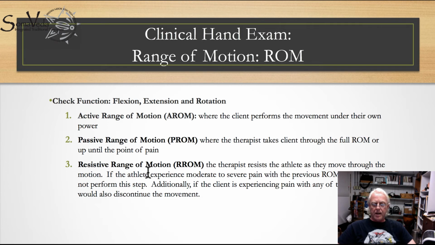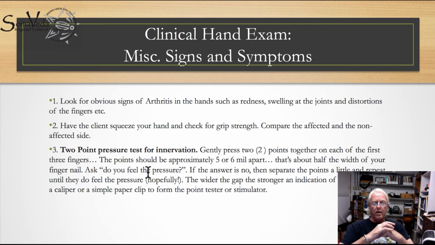And if you get moderate to severe pain with the previous exercises, you might want to just skip this because you already have a good idea. But if you didn't get any pain in the previous two range of motion, go ahead and try this. Okay? And then if you get pain while you're doing it, that's considered positive, and you can go ahead and stop right then and just move on.